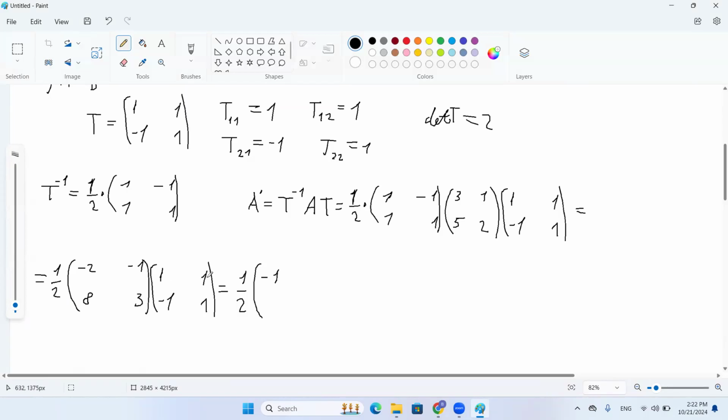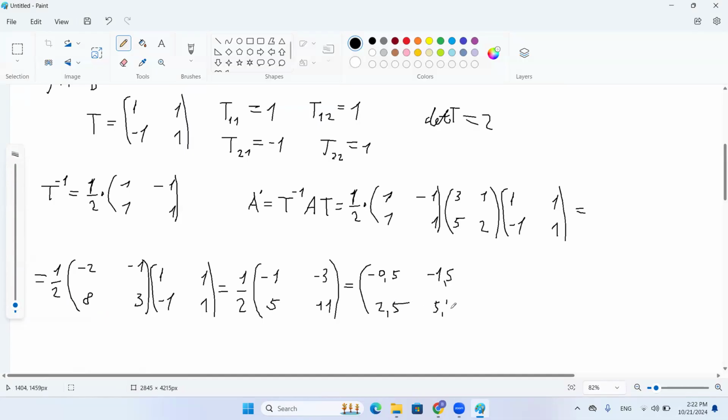Then -2 minus 1, -3. 8 minus 3, 5. 8 plus 3, 11. And now let's multiply by 1 second, so -0.5. Let's write in this way. Decimal.